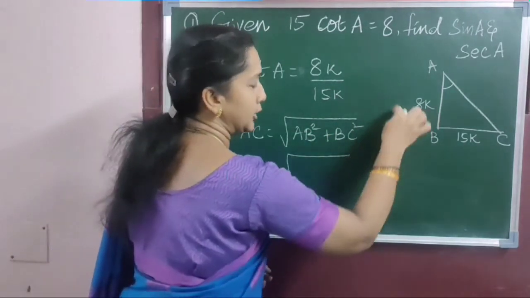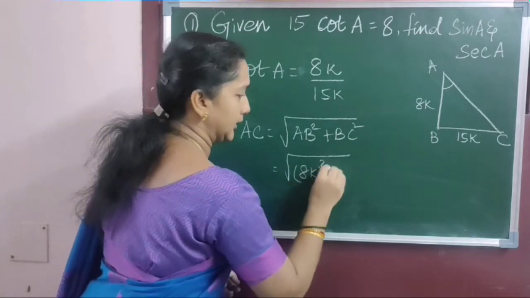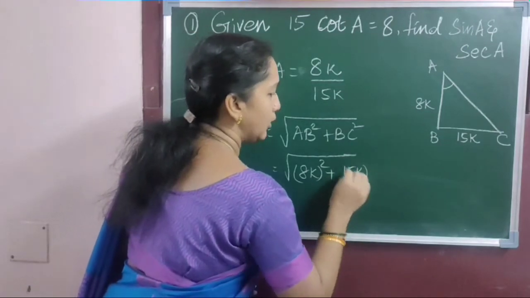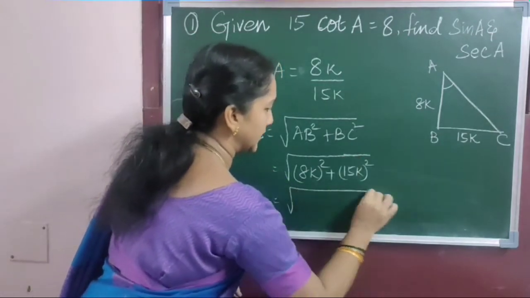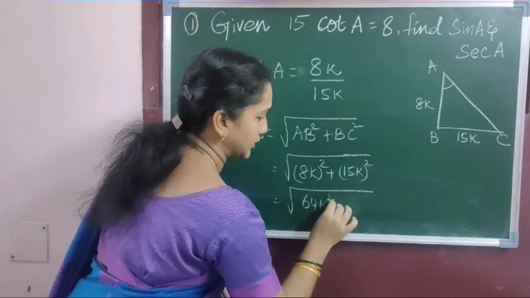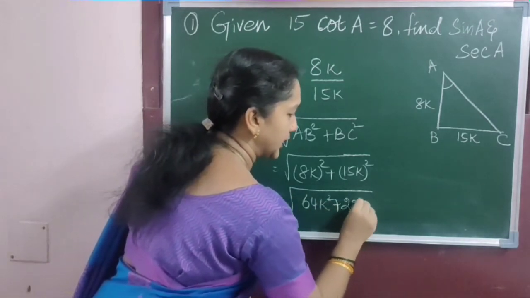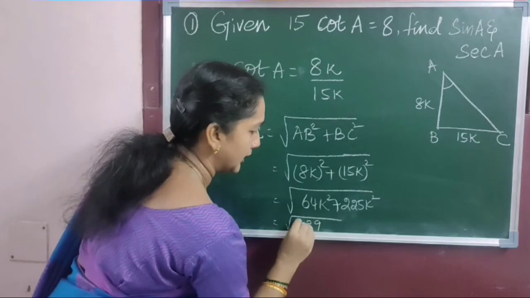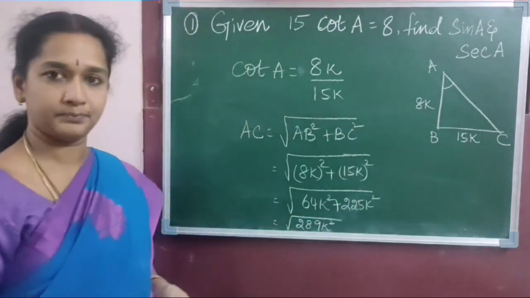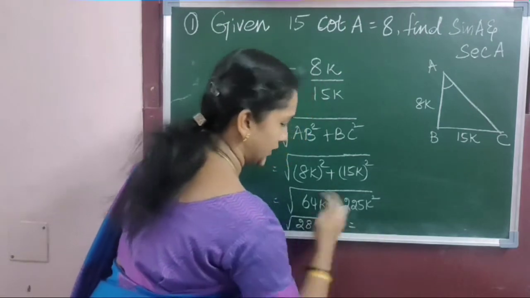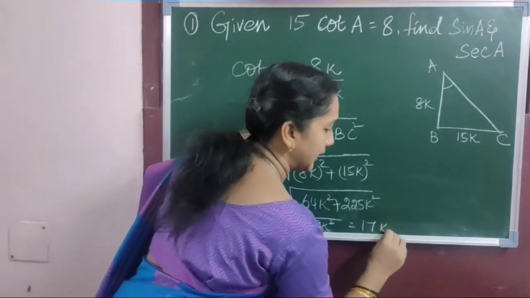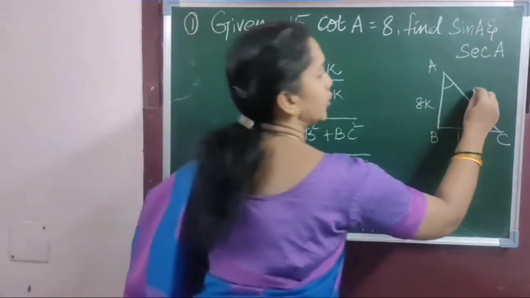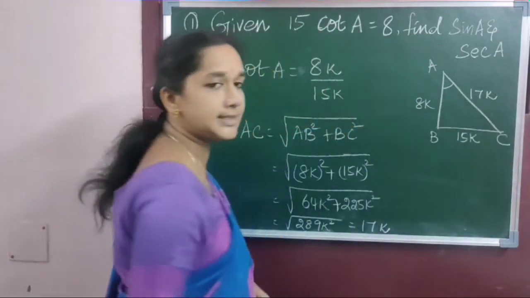So AB is 8k the whole square plus BC is 15k the whole square. When you simplify this, you will get 64k squared plus 225k squared, which is 289k squared. When you take the root, it will be 17k units. So now you got the value of the hypotenuse as 17k.